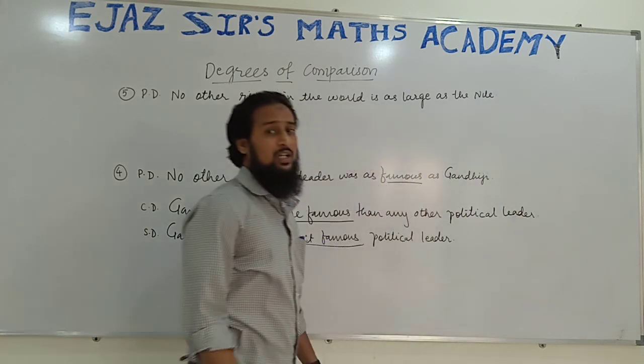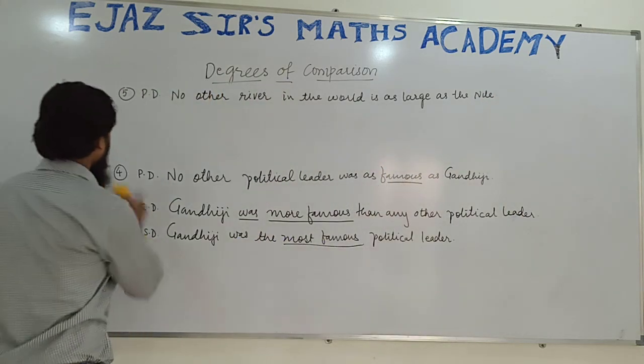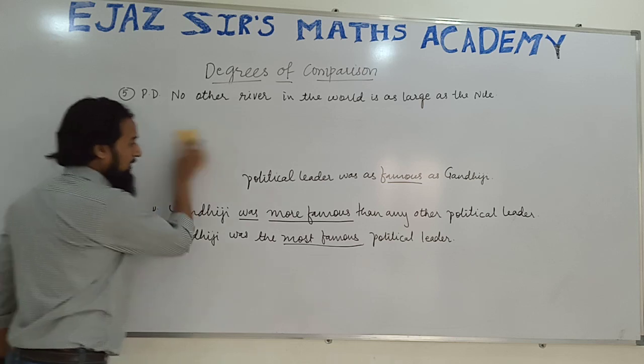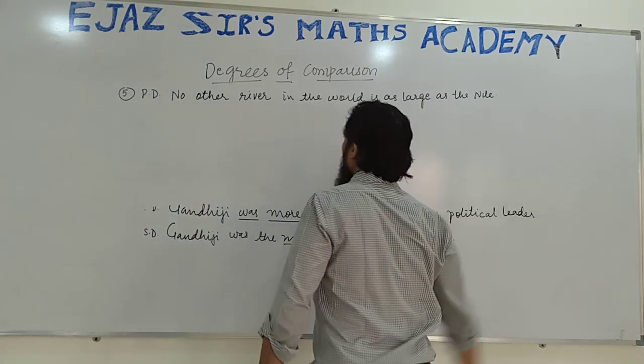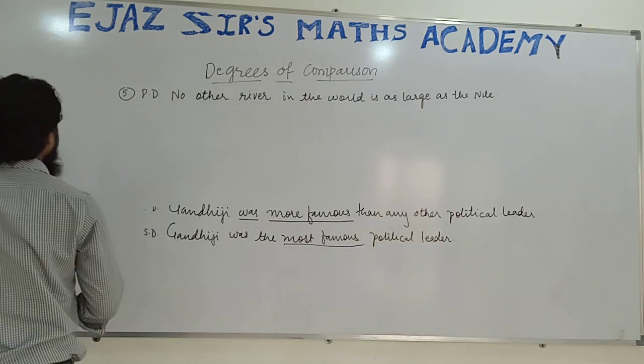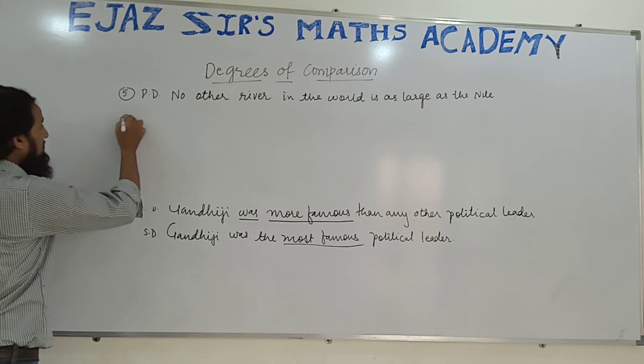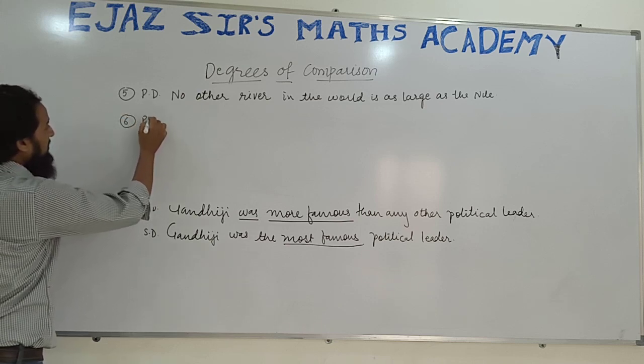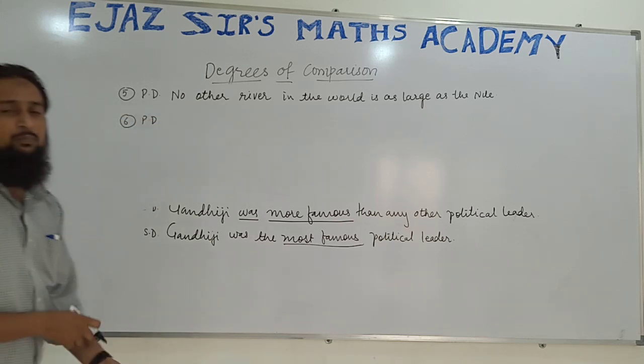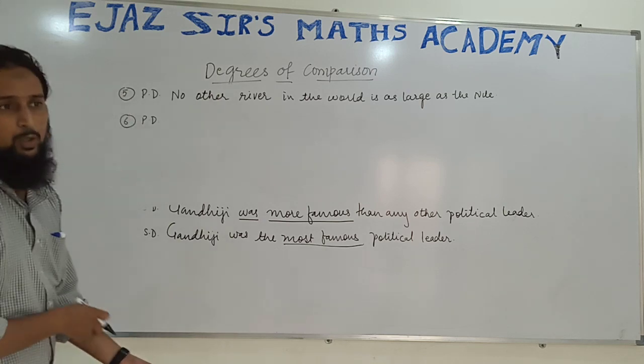The Nile is the largest river in the world. No other river in the world is as large as the Nile. Number 6, positive degree. You have to change it to comparative degree and superlative degree both.